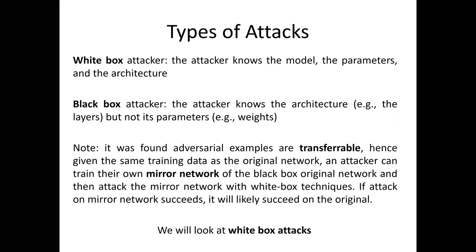The question is whether the certification, the convex shapes that we obtain, the proof if you like, obtained for one network, let's say the mirror network, actually holds for the original network. So you don't have to recompute this proof. That's a very interesting question. We started looking at it. I think it's quite interesting whether there is transferability on proofs as well, not just on adversarial examples.